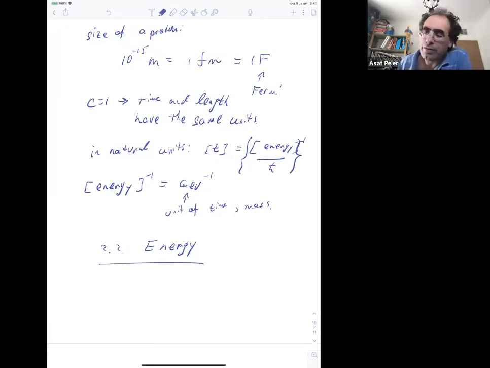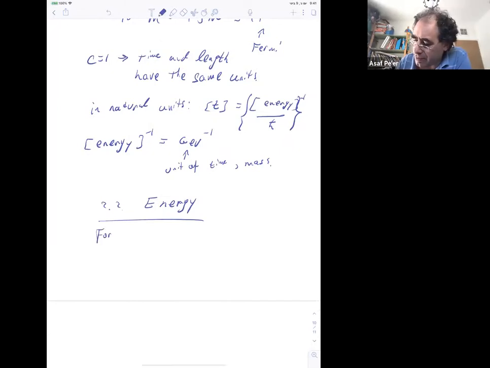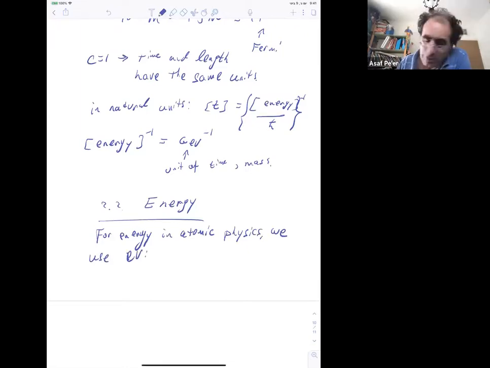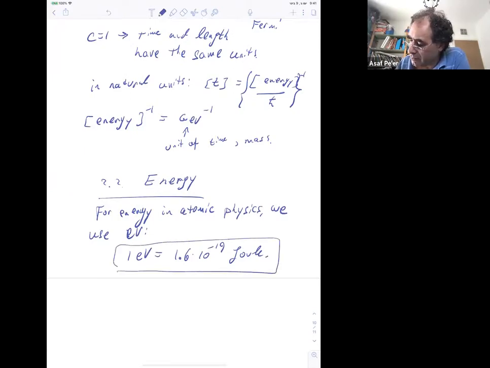So in atomic physics, we use the electron volt for energy. 1 electron volt is 1.6 times 10 to the minus 19 joule. The number here is simply the electron charge in units of coulomb. An electron volt is the kinetic energy given to an electron which is accelerated through a potential of 1 volt.